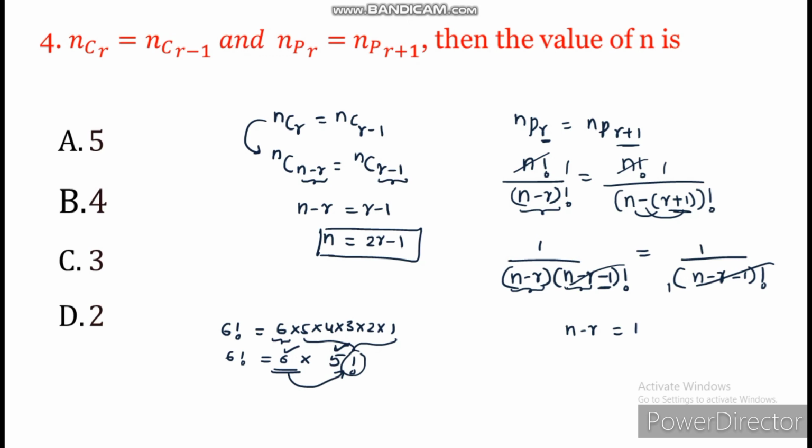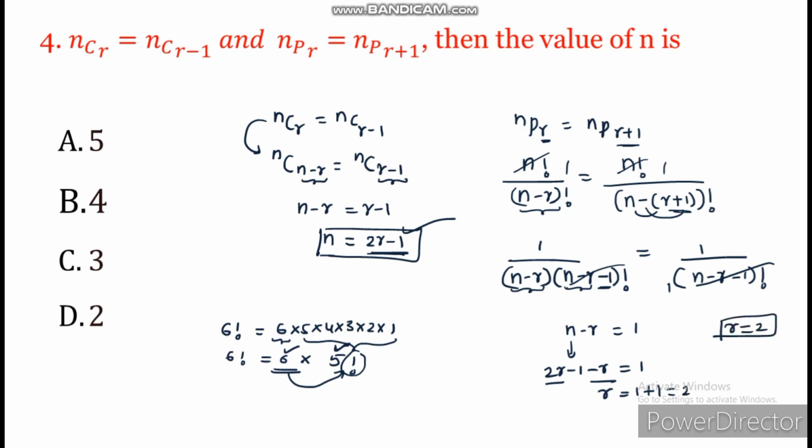Now what's the value of r here? Or you can do one thing. n is 2r minus 1, I will substitute that here. n is 2r minus 1, so 2r minus 1 minus r equals 1. 2r minus r is r, minus 1 that side, plus 1. 1 plus 1 is 2, so we got r equals 2.